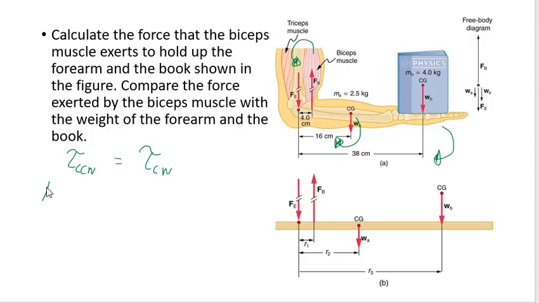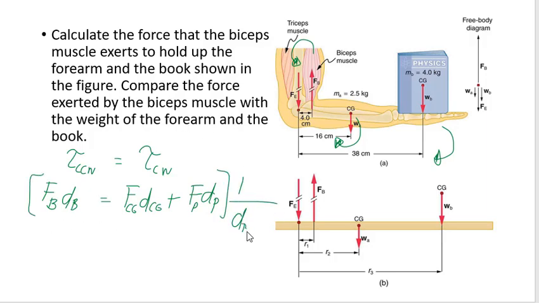So we now have F of the biceps muscle and the lever arm, which is 4 centimeters, but we have to convert to meters later, is equivalent to the torque of the CG and the distance of the CG, plus the torque produced by the physics book, I'll use P, and then the lever arm of the physics book. So let's divide everything by the distance of the biceps muscle, okay?